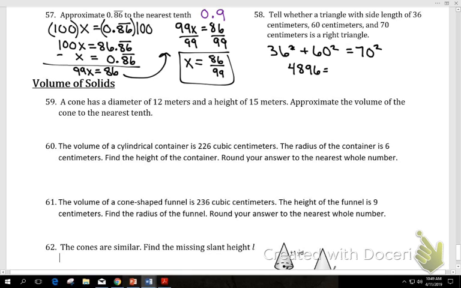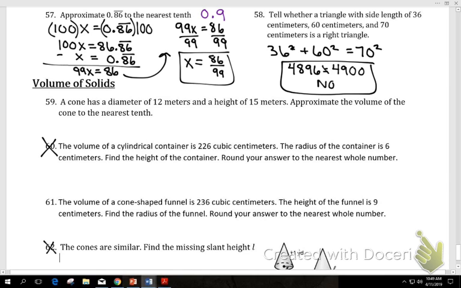Is 70 squared, what is it? 4900. Not equal. All right, so we're not going to do 60 and 62. If you've already done it, I'll definitely check them. But just for the sake of time, we're going to focus on these last two problems. They are more relevant for your EOC, all right?